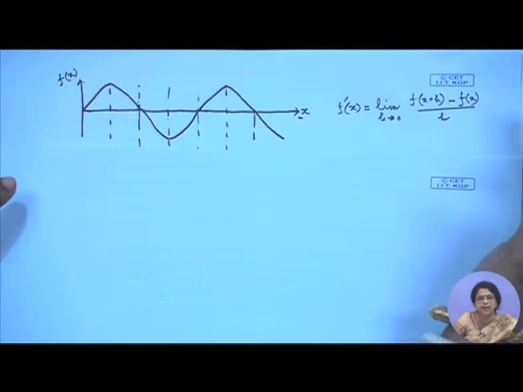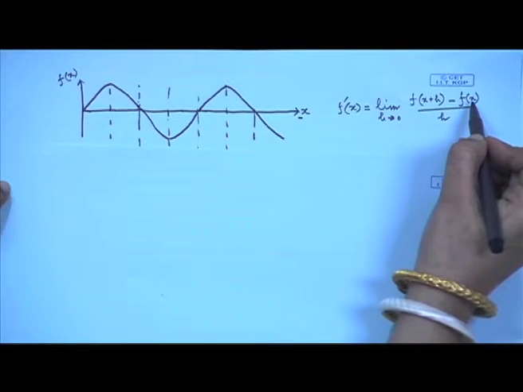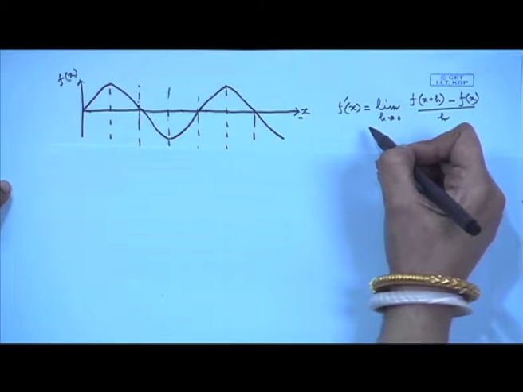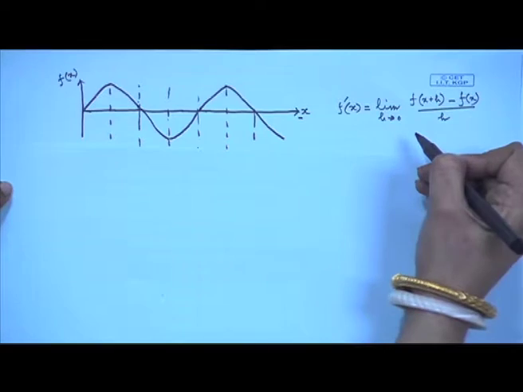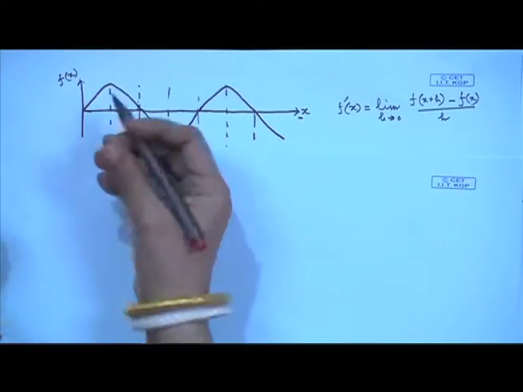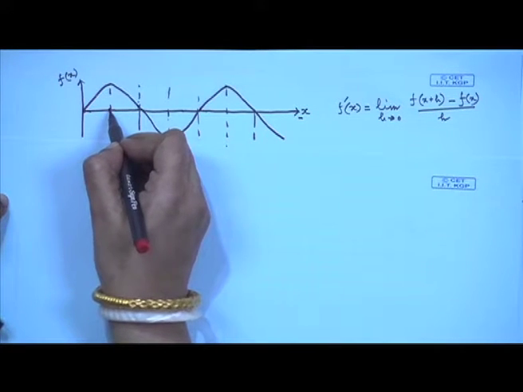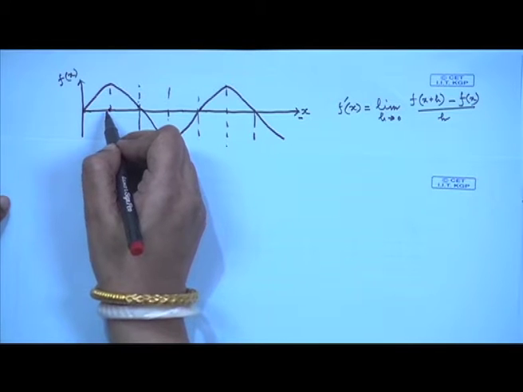That is why f x plus h would always be greater than f x. So the numerator is positive, and h is positive. That is why the first order derivative of f will always be positive for an increasing function. That is why, if I move from this point to this point, the first order derivative will be positive.